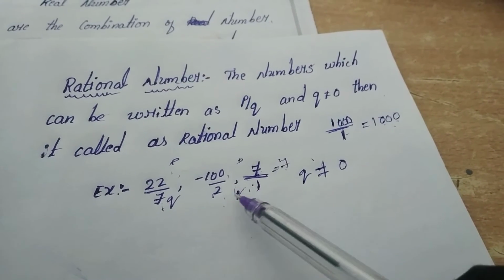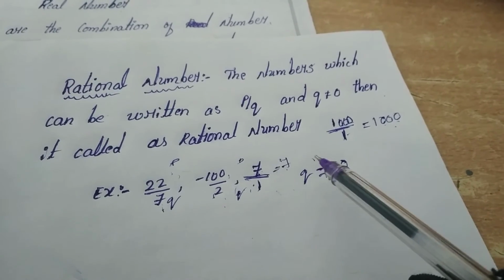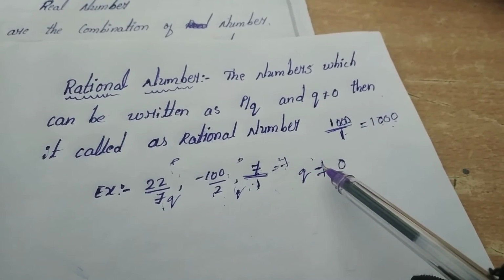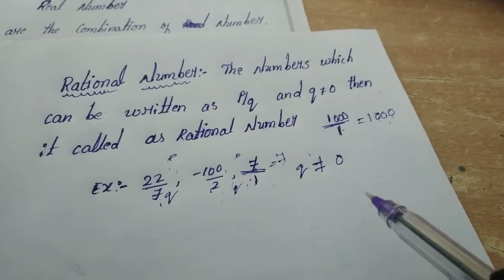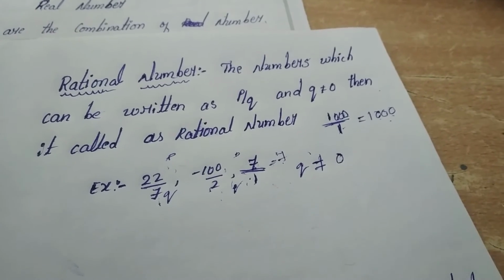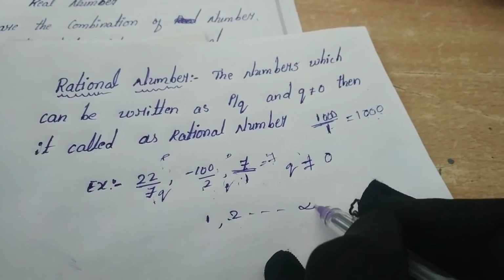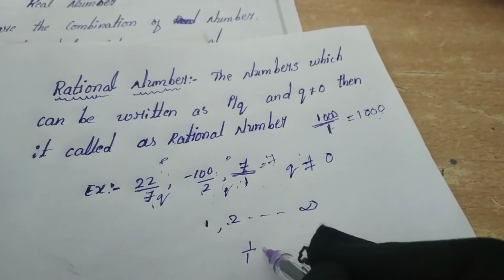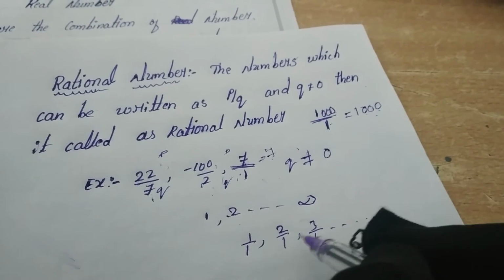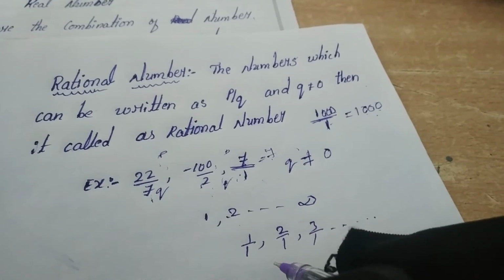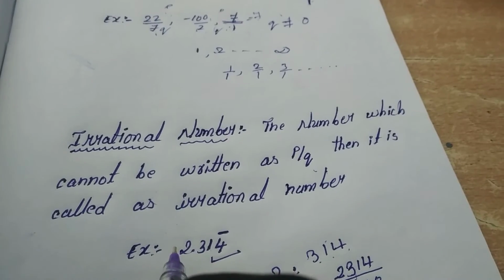All natural numbers are rational numbers, because 1, 2, 3 and so on up to infinity can be written as 1 by 1, 2 by 1, 3 by 1 and so on. That is, natural numbers can be written in p by q form, so they are rational numbers.